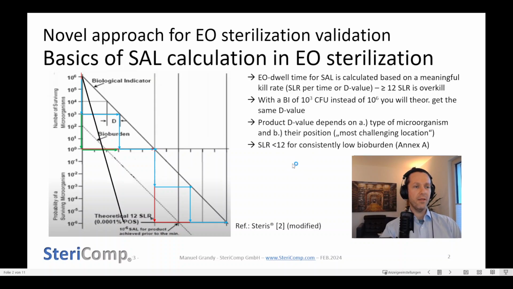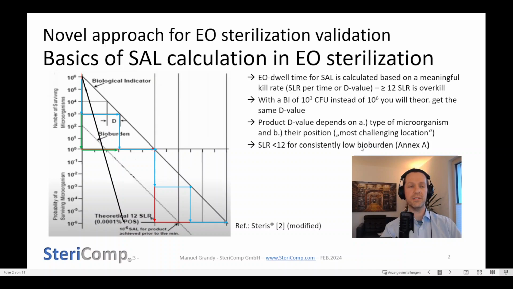So now, if you say I do have a very low bioburden in my device, also at the most challenging location, what you could do is say I don't show 12 spore log reductions, I go for the bioburden.